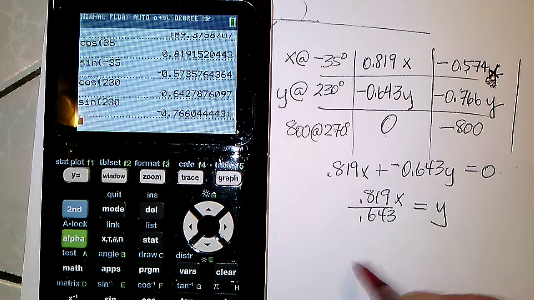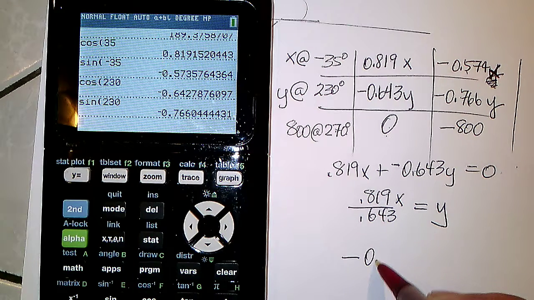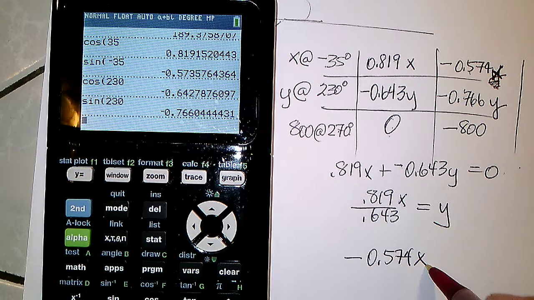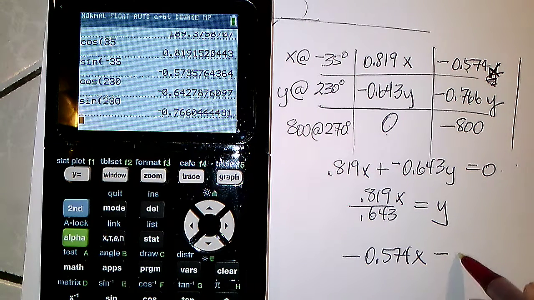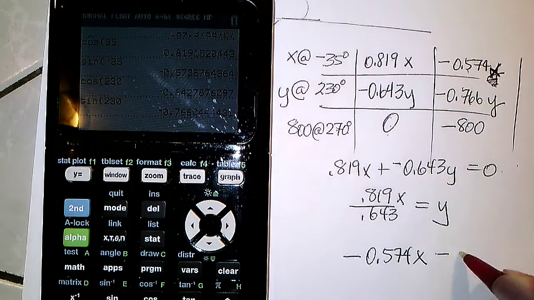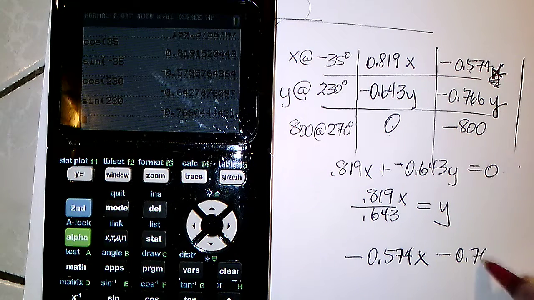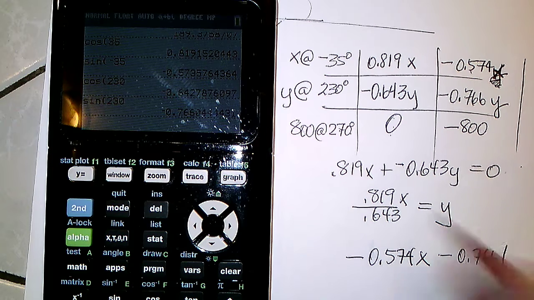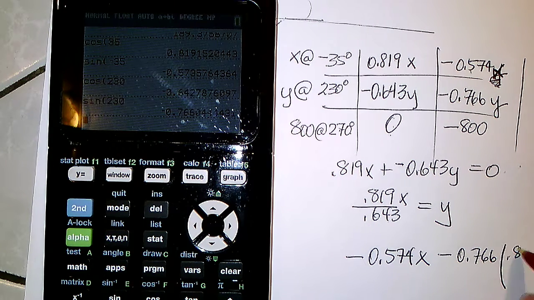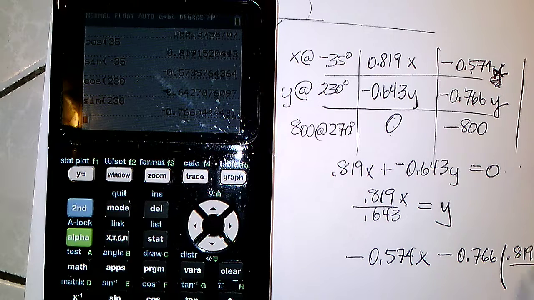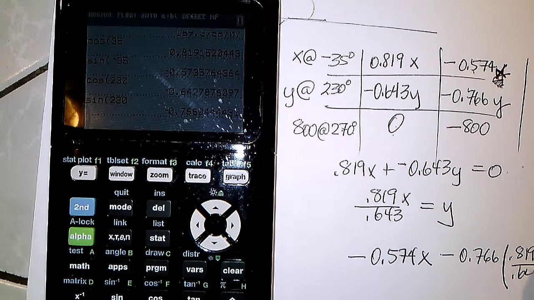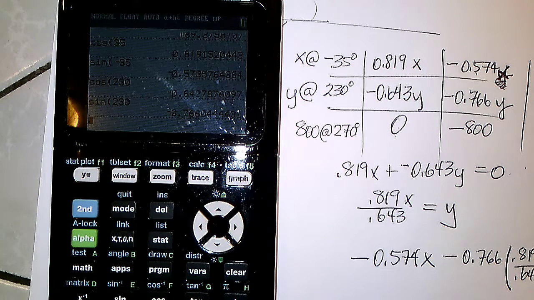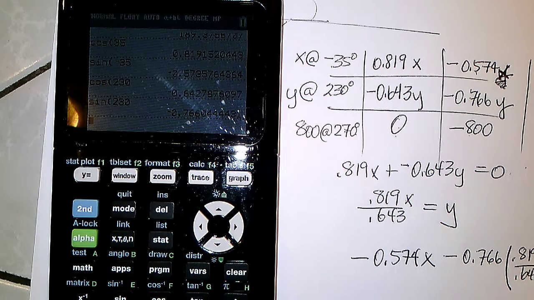So I got negative 0.574x minus 0.766y, which is 0.819x over 0.643, equals negative 800.